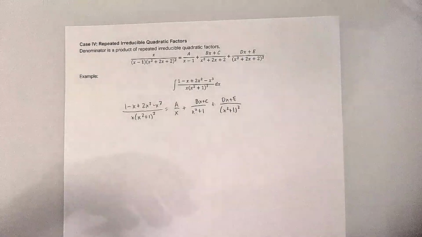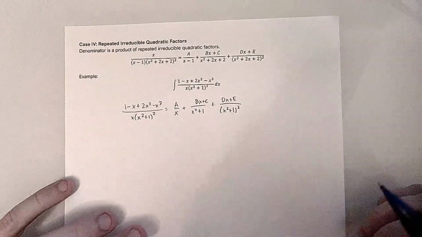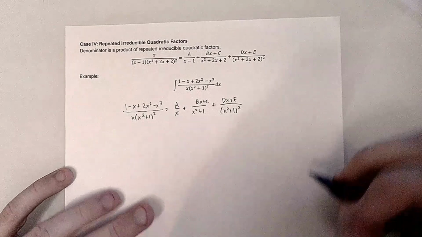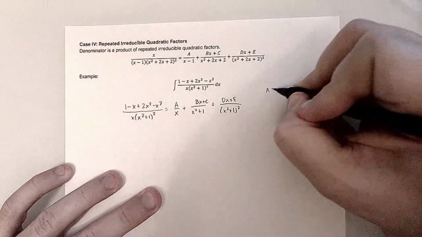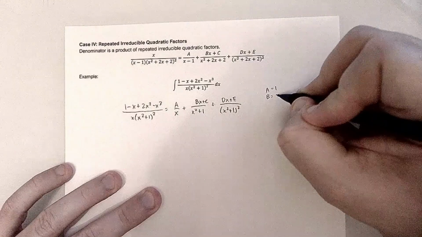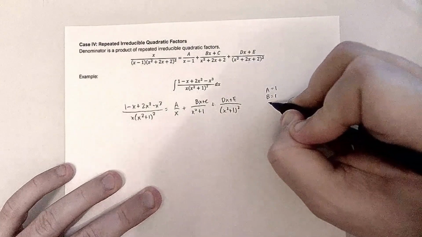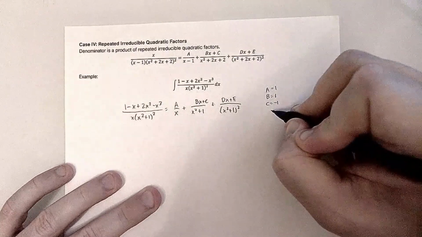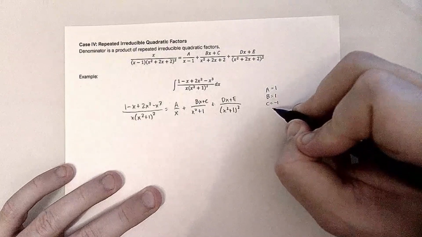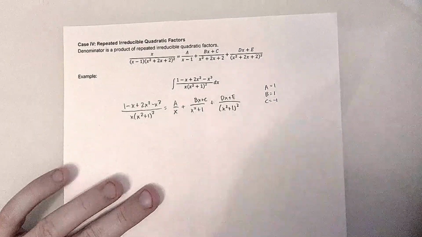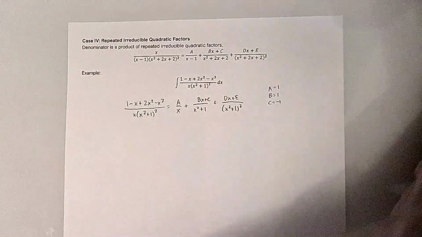Again, to save time, we're going to leave you to do the algebra behind it, but we are going to get a is equal to 1, b is equal to 1, c is equal to -1. d is equal to, oops, excuse me, I am looking at the wrong page in my notes.